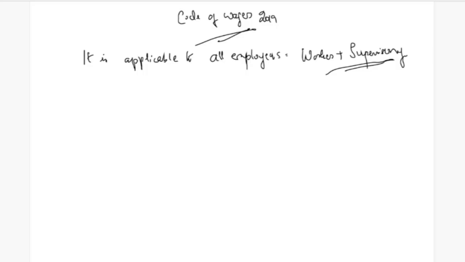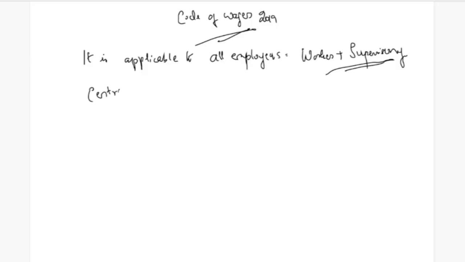And who controls the Code of Wages? Who determines how much the wages should be? Who is the person who has the authority to make provisions under the Code of Wages Act 2019?